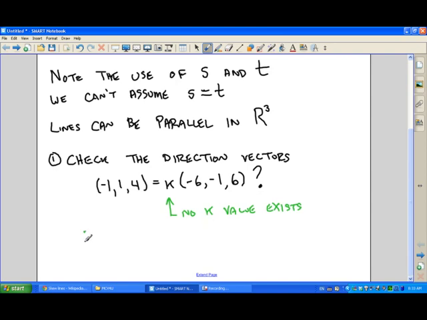So we can say that line 1 and line 2 are not parallel. Since these are not parallel lines, we can move forward with checking to see if they do intersect.